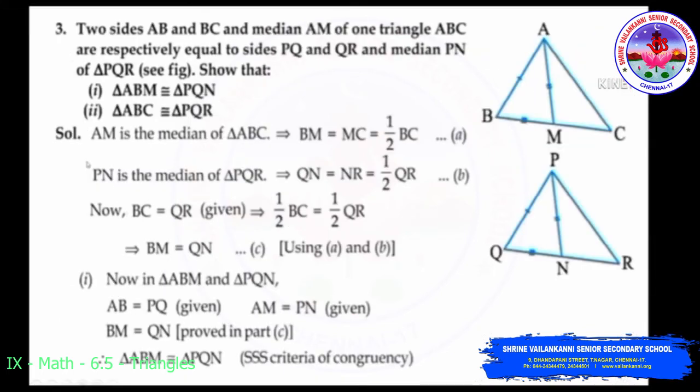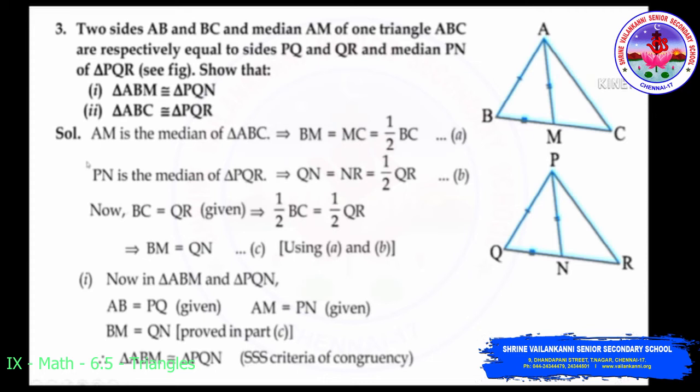So it implies that AD bisects angle A. Next problem: two sides AB and BC and median AM of one triangle ABC are respectively equal to sides PQ and QR and median PN of triangle PQR.